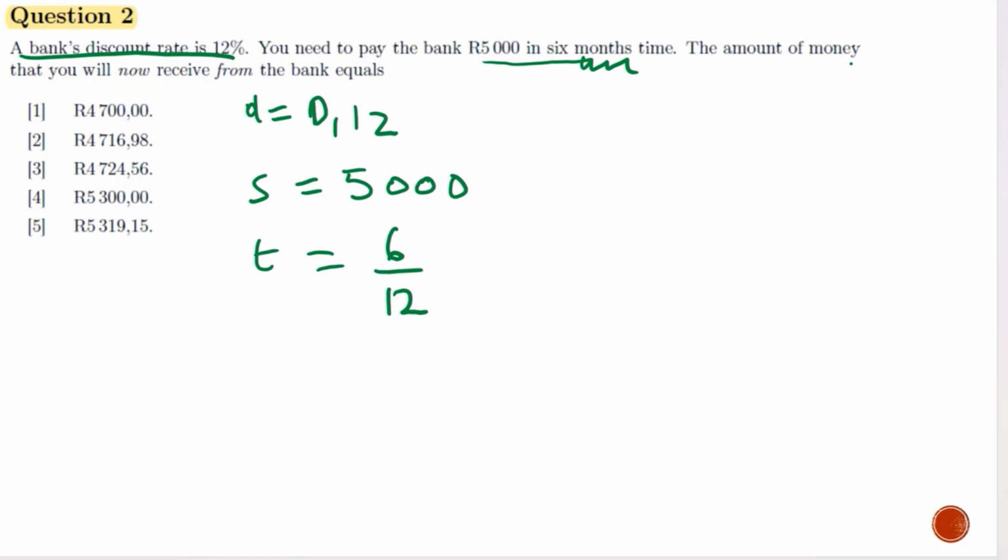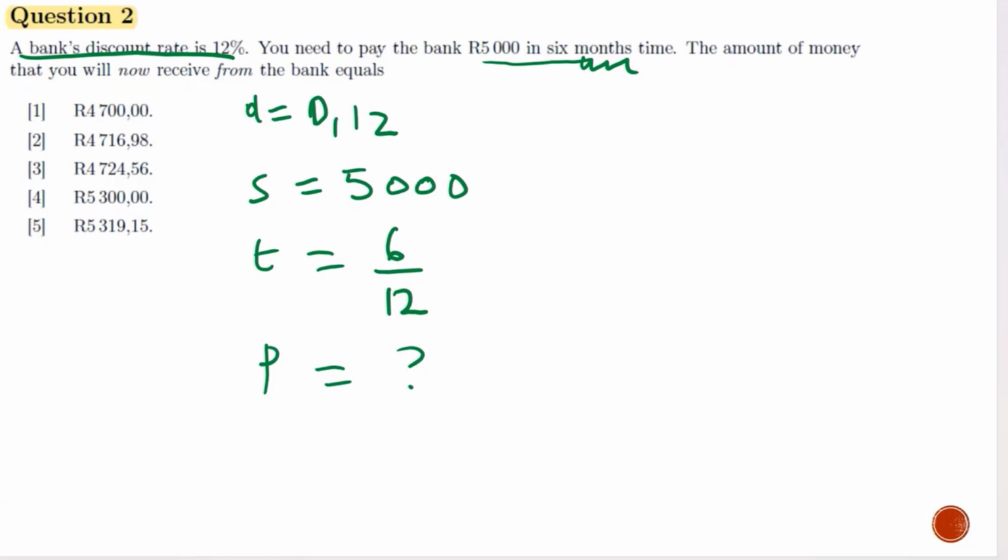The amount of money that you will receive now from the bank, you are looking for your present value. Because this is a simple discount, you need to get the correct formula for a simple discount.